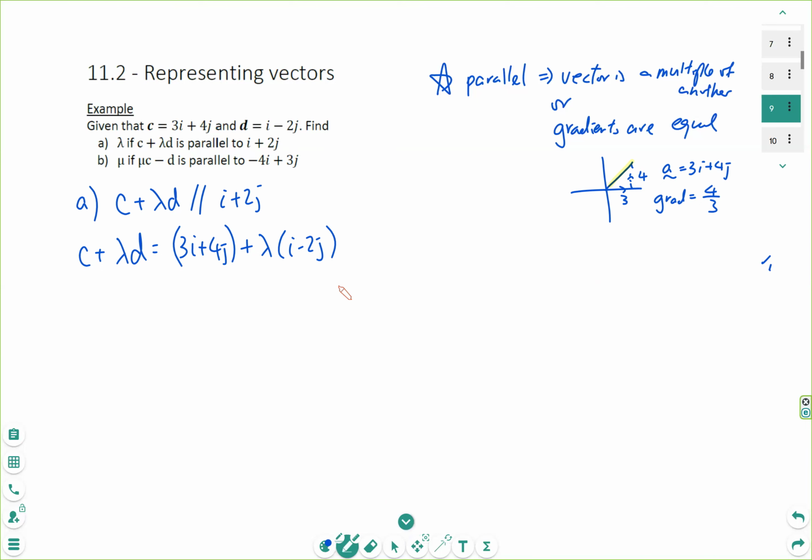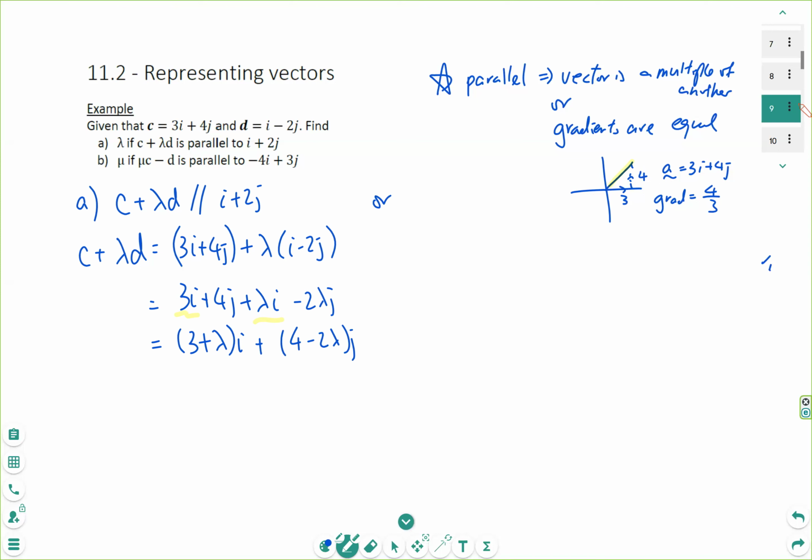So I'll show you both ways. If I use i and j form, that will be 3i plus 4j, plus the expanded bracket lambda i minus 2 lambda j. What I'll do here is factorize the i's: 3 plus lambda i, and factorize the j's: 4 minus 2 lambda j. Or you can use column vector form.